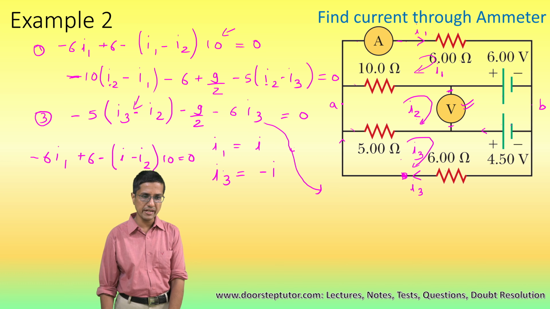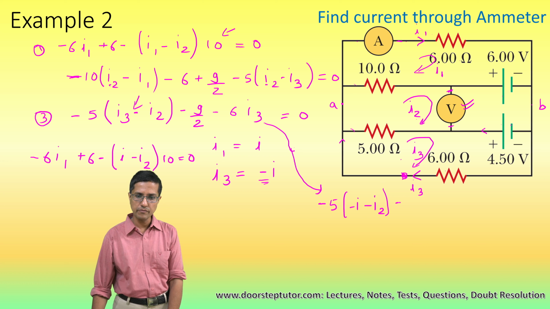So this one we can write as I3 is minus I, so I3 I'll replace with minus I. So this becomes 5 into minus I minus I2 minus 9 by 2, and this I3 is minus I, so this becomes plus 6I is equal to 0.